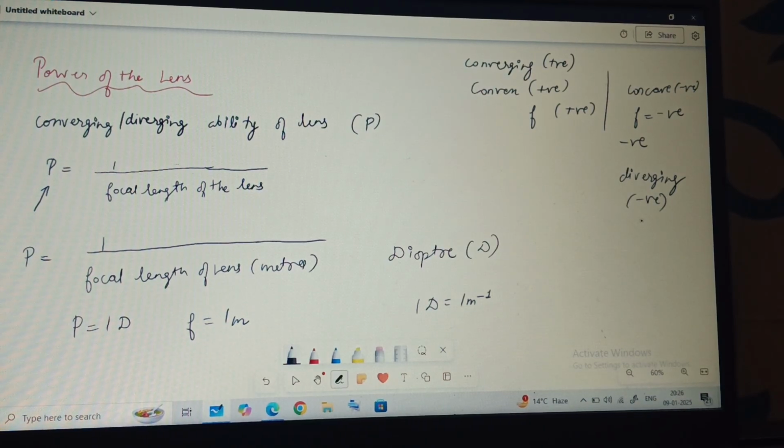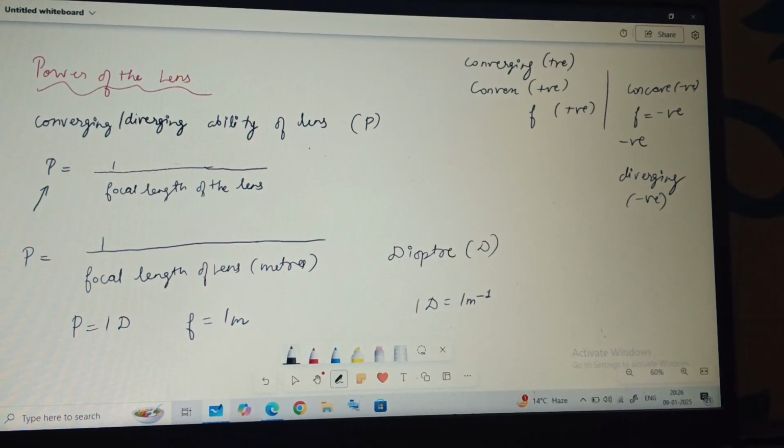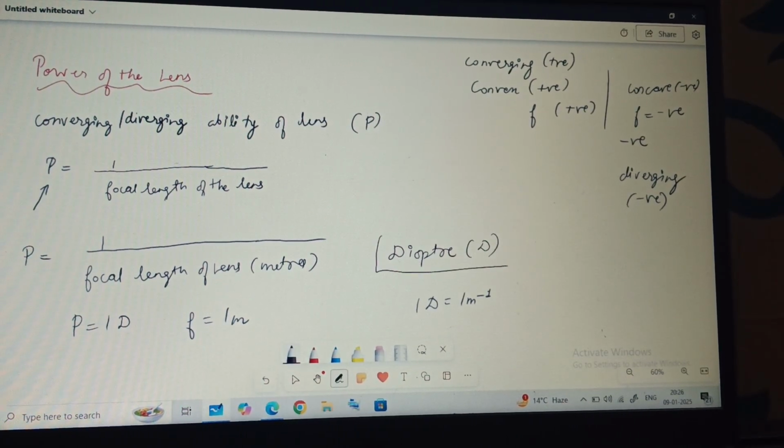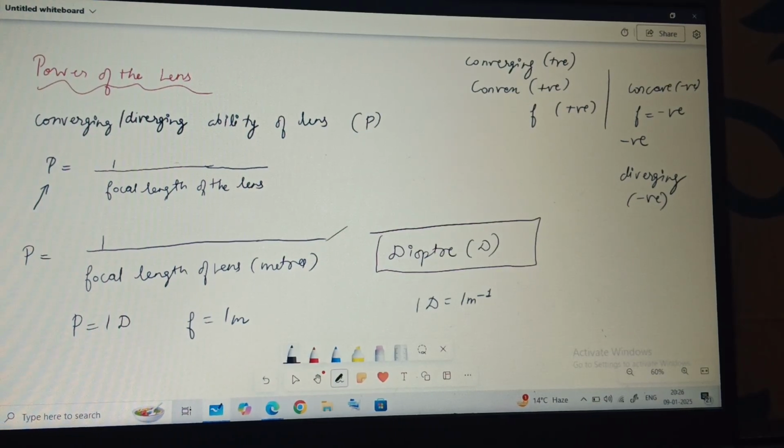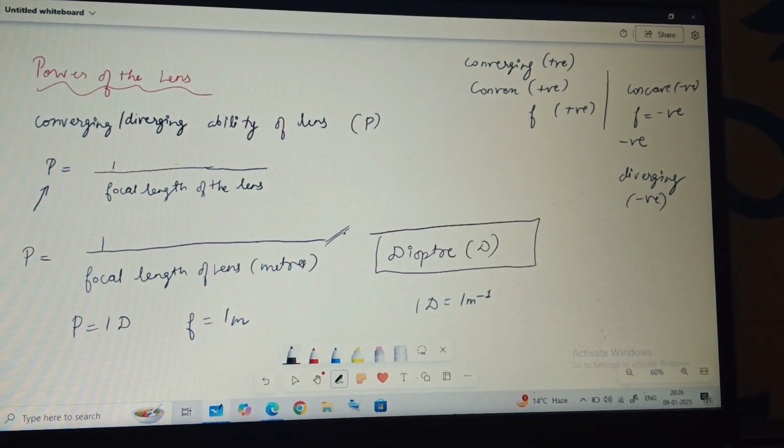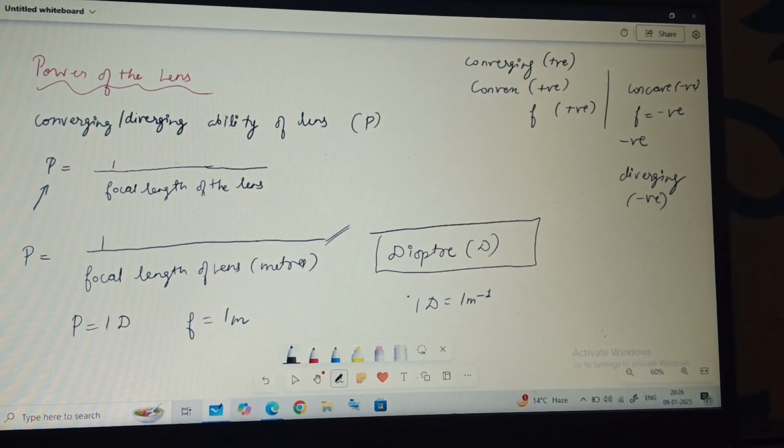Talking about the SI unit of power of the lens, the SI unit of power of the lens is the diopter. And one diopter is expressed as the power of the lens whose focal length is equal to 1 meter. So when the focal length of the lens is expressed in meters, this is the standard case: 1 diopter equals 1 meter inverse.